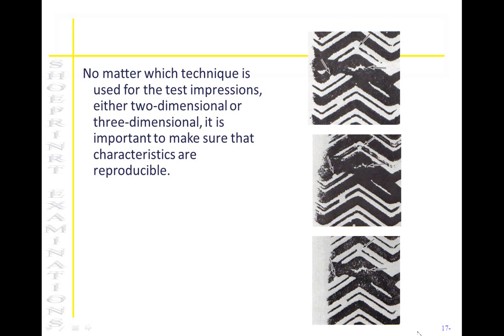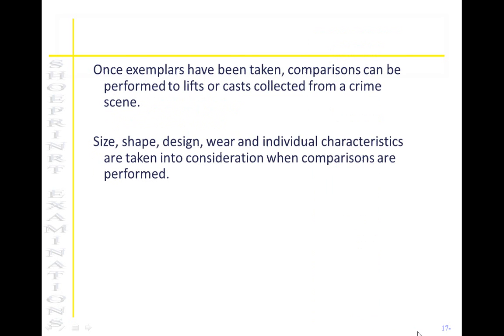No matter what technique is used to make the test impressions, it is very important to make sure that all of the characteristics that you're going to be looking for, whether they be class or individual characteristics, are going to be very reproducible. Once the exemplars have been taken, comparisons can then be made back to the lifts or the casts that were collected from the crime scene.